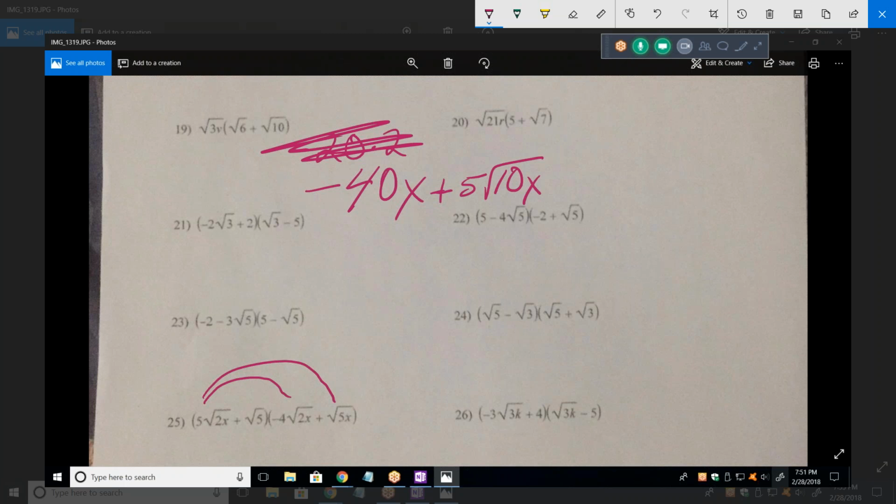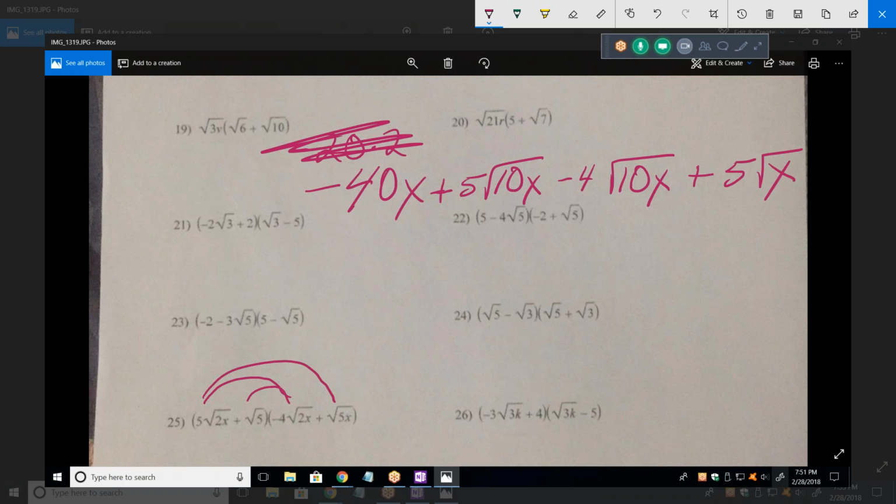Okay, next term. Inside is the negative 4 square roots of 10x. That's good. Okay. Plus the square root of 25x, which is 5 square root of x.